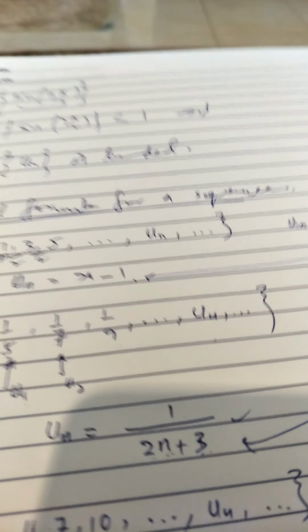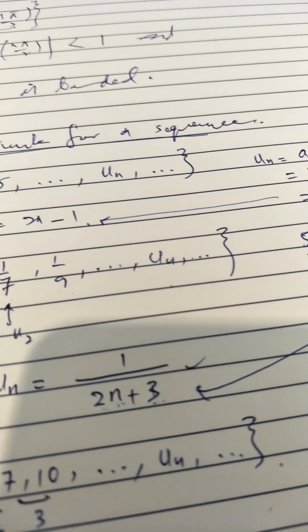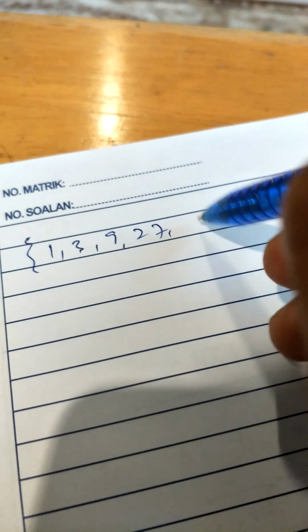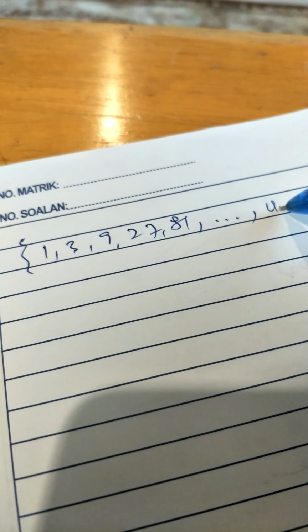Okay. Let's see a few other examples. If you have, let's say, 1, 3, 9, 27, 81, and so on, un, we need to find un.